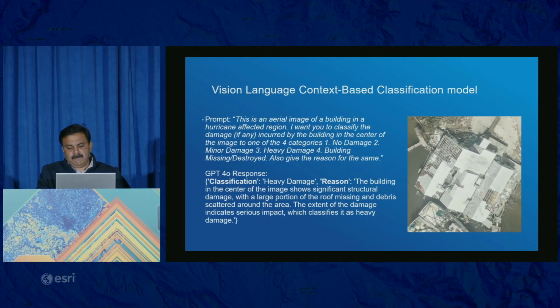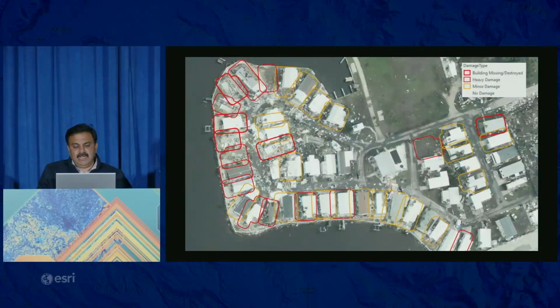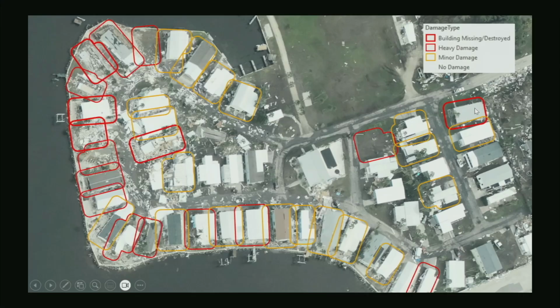But how do you apply this to a GIS system? We've got layers of GIS data, layers of building footprints, and by this integration, we go to each GIS feature, clip out the image at that part, send it to the vision language model, and have it provide the classification and the reasoning. And the results come back as GIS layers.